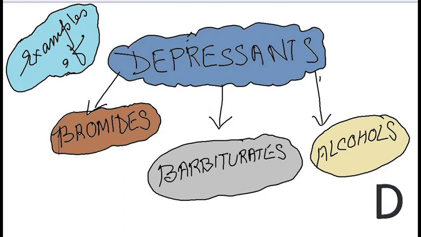It reduces body activity and produces muscular relaxation. Depressants are prescribed to patients because they give a soothing feeling and reduce anxiety and tension. But if taken in large doses, they can lead to artificial sleep, then coma, and finally death.